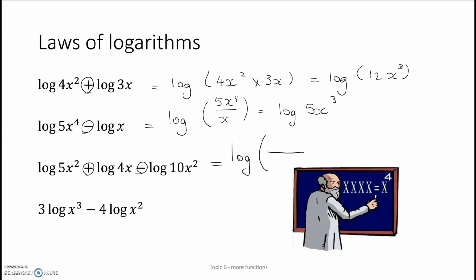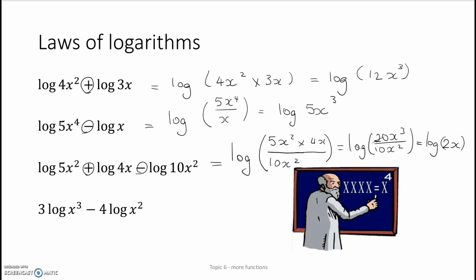So on the top for the multiplication I've got 5x squared times 4x, and then for my division I've got 10x squared, and when I simplify that, that's log 20x cubed over 10x squared. So that becomes log, cancel, whatever, 2x.